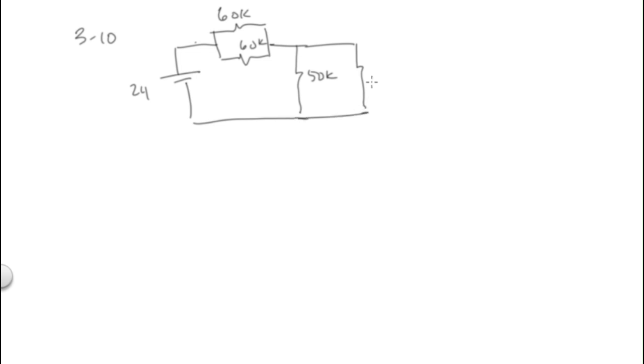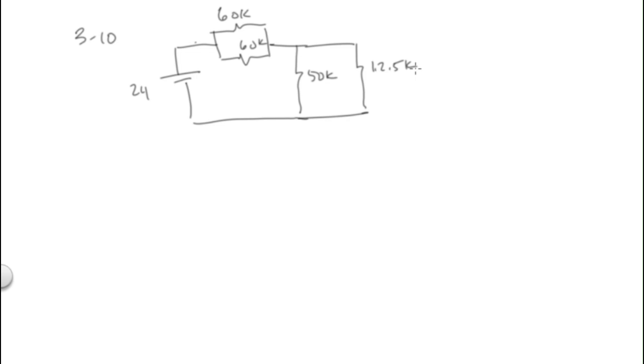What value resistor do we add? 12.5K. What is the voltage across the resistor? Okay, so what is the current and voltage across the 12.5K ohms? So let's go down and solve it.